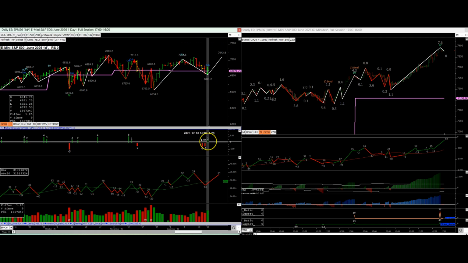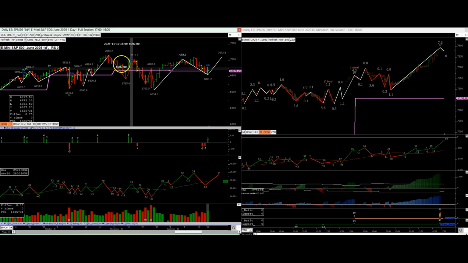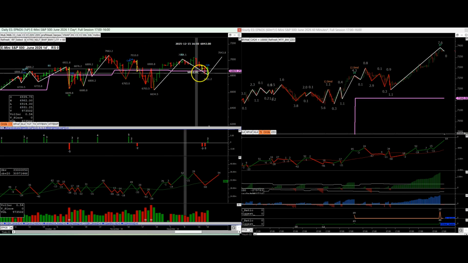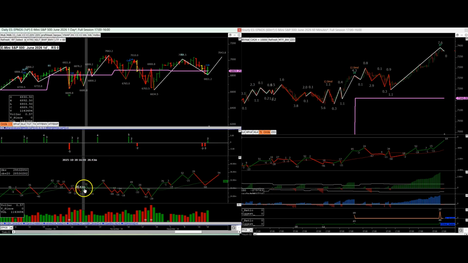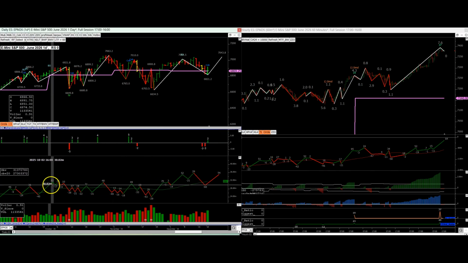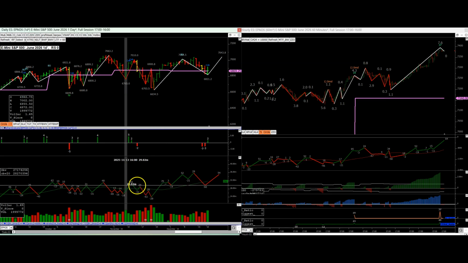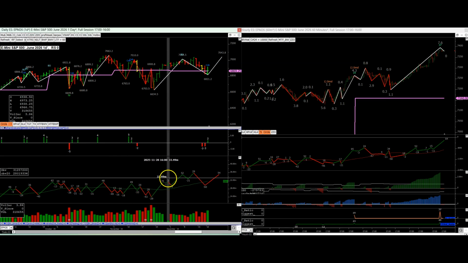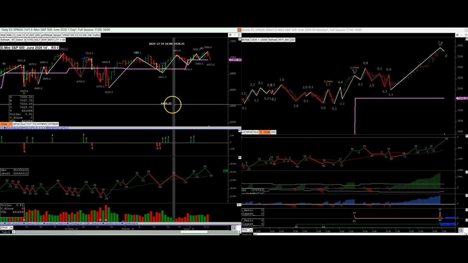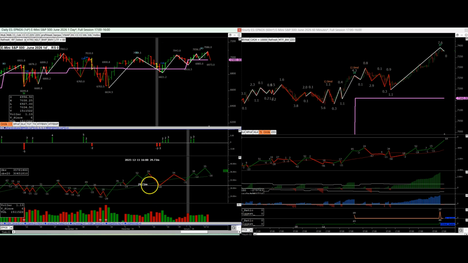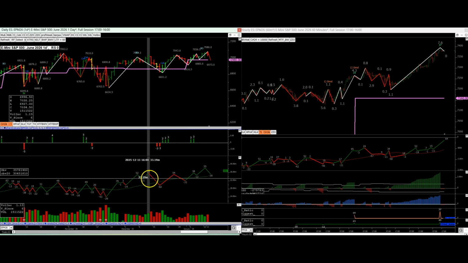Bingo. High volume reversal. Just like a high volume breakout, this is your high volume reversal. I'm also confirming everything with this wave volume trend. Why? Because I want the big numbers to be green. Big number, big number, big number. And I want it to be mostly above the green line.